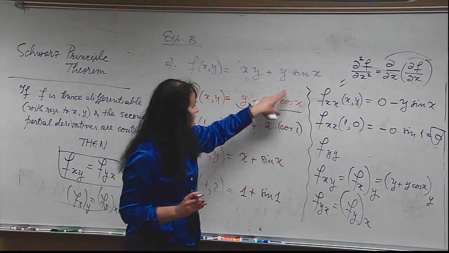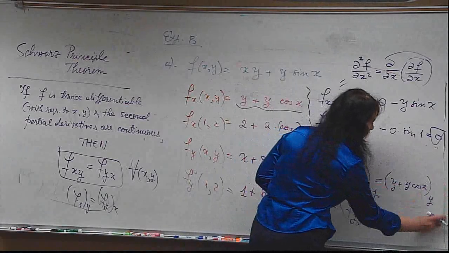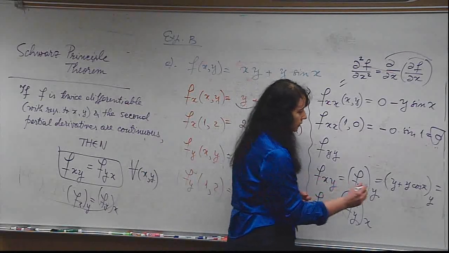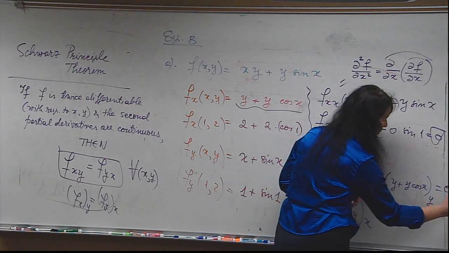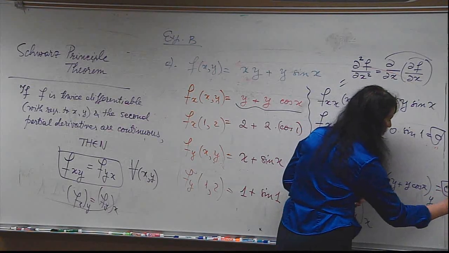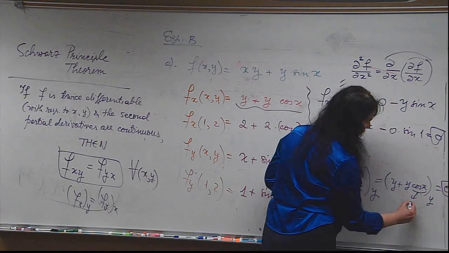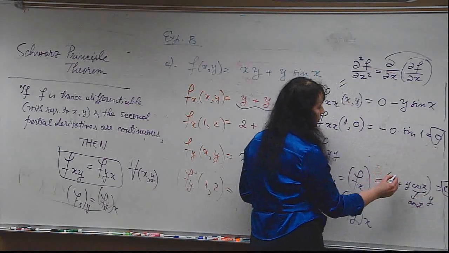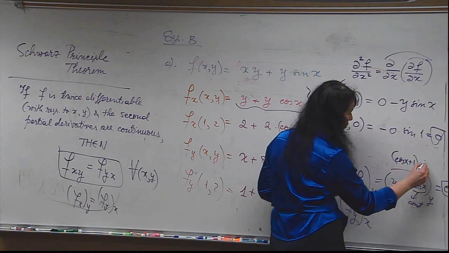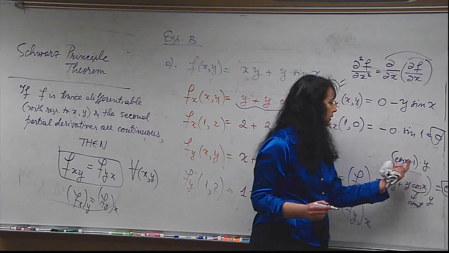Take this again, prime with respect to y, x is a constant, what do you do? Cosine of x, am I right? 1 plus cosine of x. Another way to have done it: I take the constant out, prime with respect to y, cosine x plus 1.